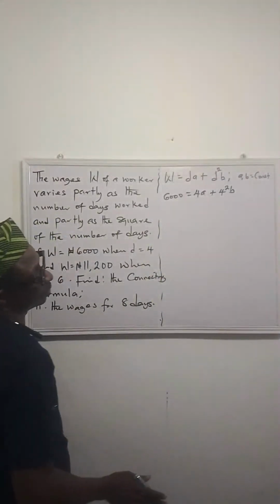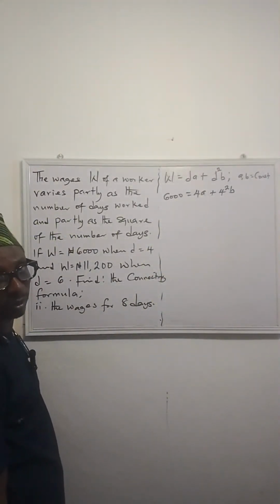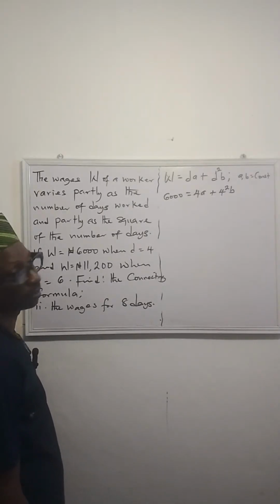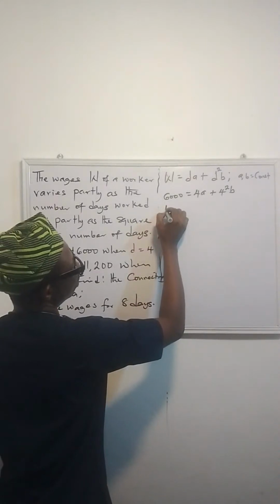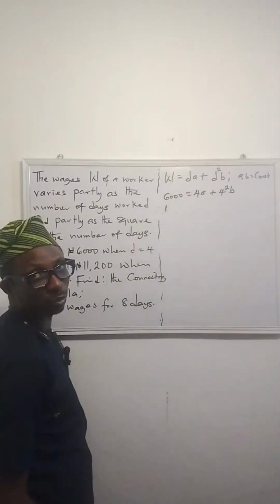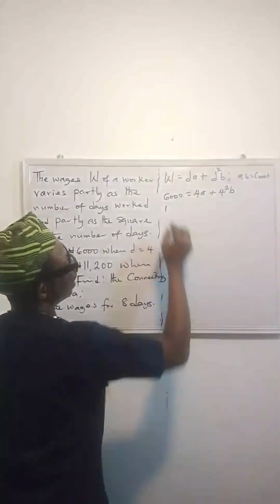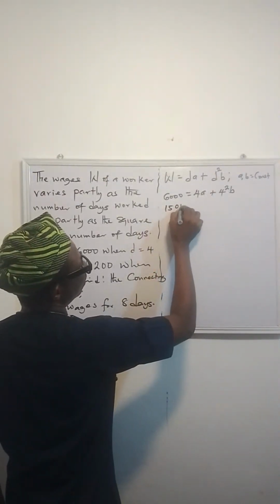So let's divide through by 4. We can do that. 4 goes in 6, that is 1, remainder 2. 4 goes in 20, that is 5, and then 0, 0.